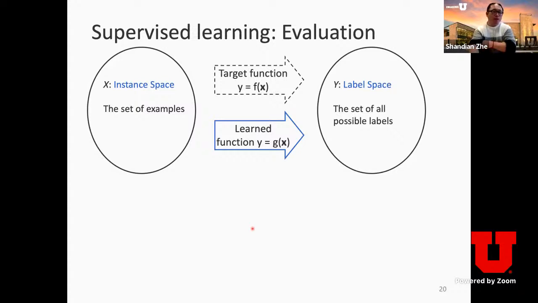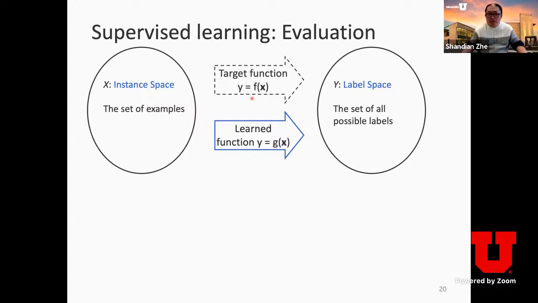So now let us go back to supervised learning. Suppose we have run our algorithm to get a learning function g. How can we evaluate if this g is good or bad? Intuitively, we can just compare g and f, right? If g and f are exactly the same, then we win.